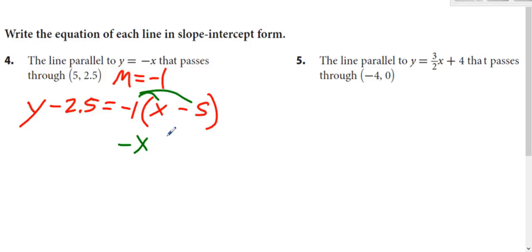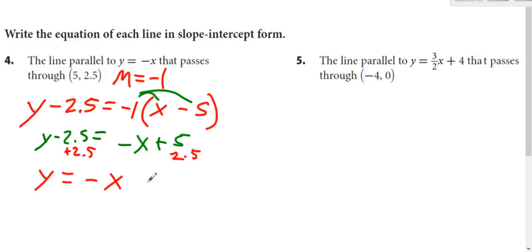You get negative x plus 5. And then we will get y by itself, so we can have it in slope-intercept form. We're going to add 2.5. So we get 7.5.